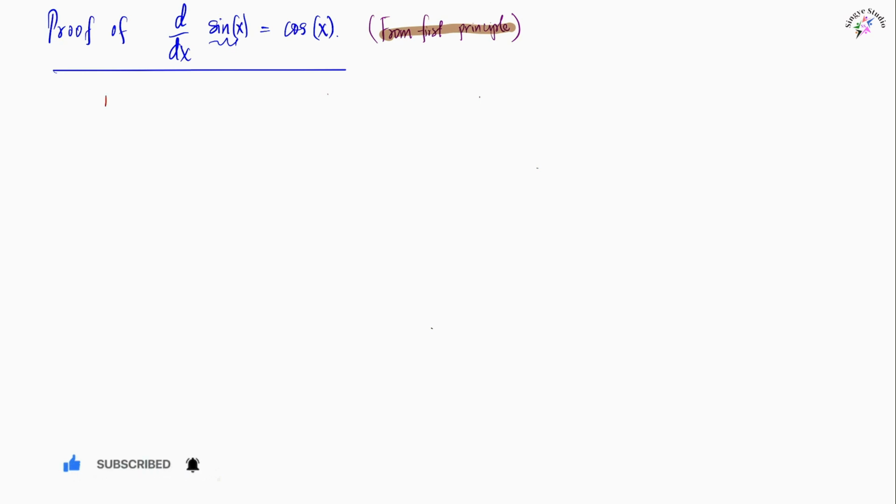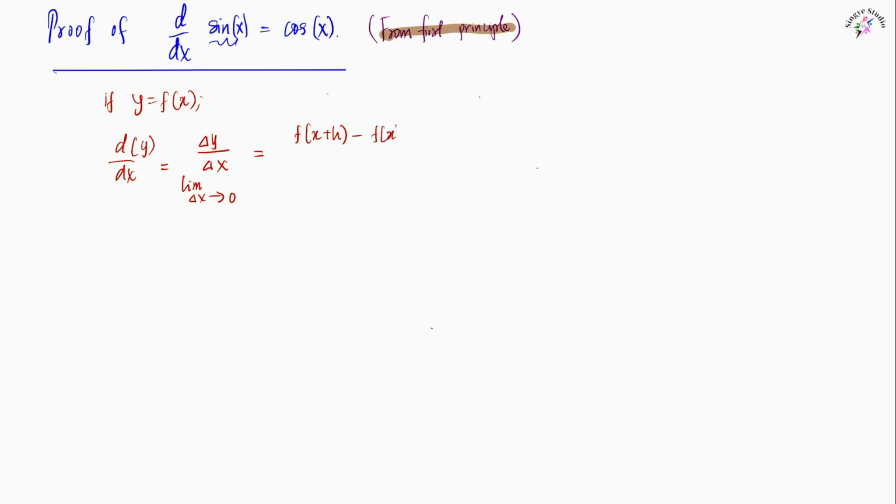Now, I have already stated in the video that from the first principle, the derivative of any function is as follows. If y is a function of x, then the derivative of y with respect to x is the change in y with respect to the change in x when the change in x tends to 0, which is the limit as h tends to 0 of f of x plus h minus f of x upon h.